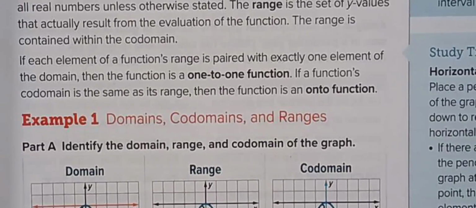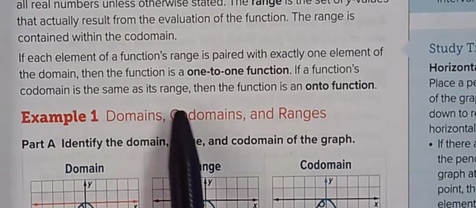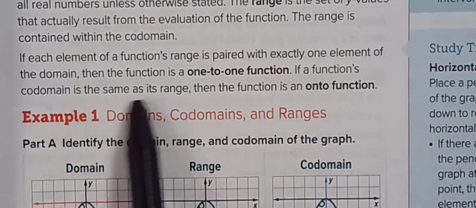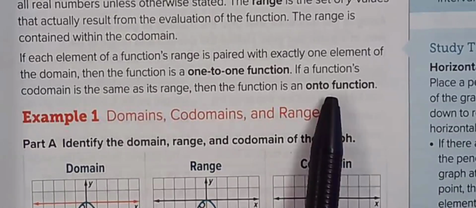The one function that was not onto was the parabola. It only went up forever, it did not also go down forever, but the domain went left and right forever, all real numbers. So if the codomain and the range are the same, then it is onto.